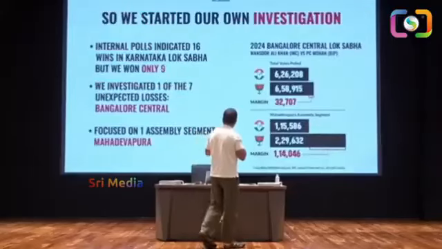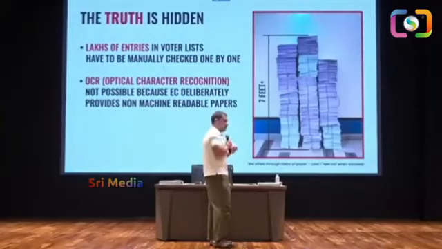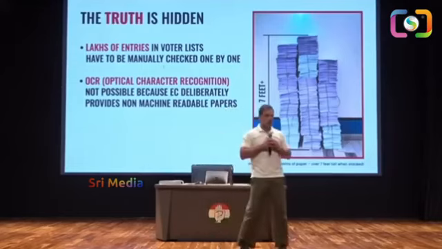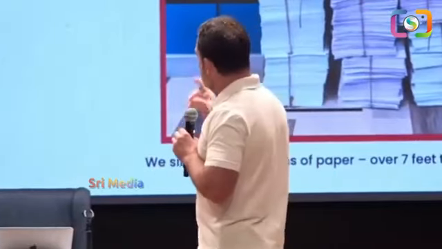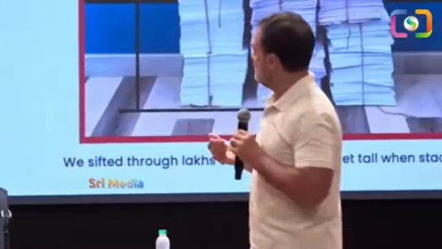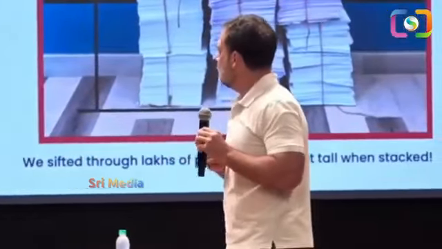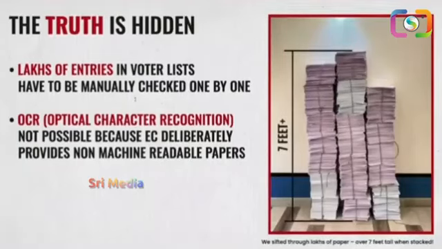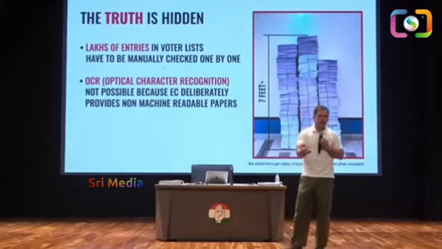Next. Sorry, just go back. There's another very interesting thing that we discovered, which came as a shock to us, which is that these papers that are given, they themselves do not allow for optical character recognition. So if you scan them, you can't actually get the data out of them. And we were surprised.